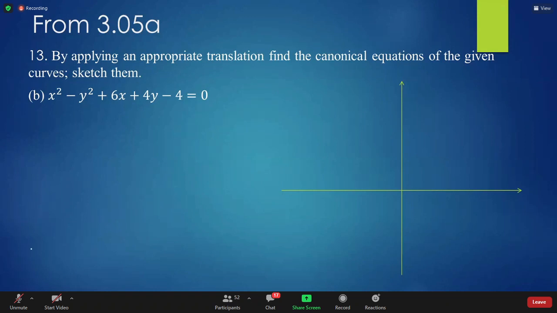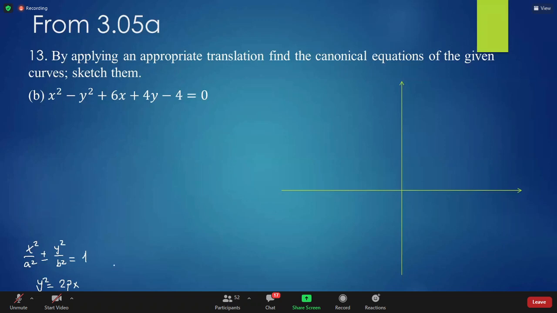The canonical equations are x squared over a squared plus or minus y squared over b squared equals 1, or we might have y squared equals 2px. I'm not worried too much about which curve I'm thinking about, because these are general considerations.